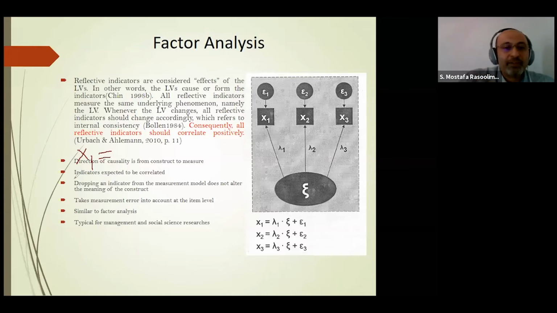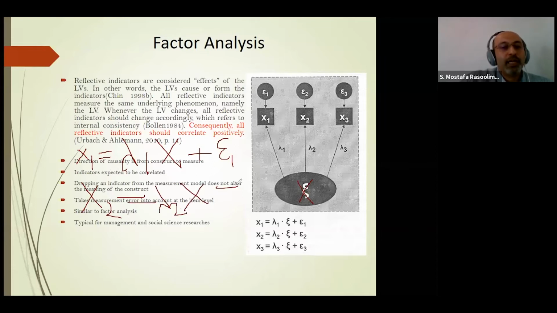Okay, so here x1 is lambda 1 times x plus error. So here is the regression equation for the relationship between x and x1. Also x2 and x. Here you can see x3 and x.